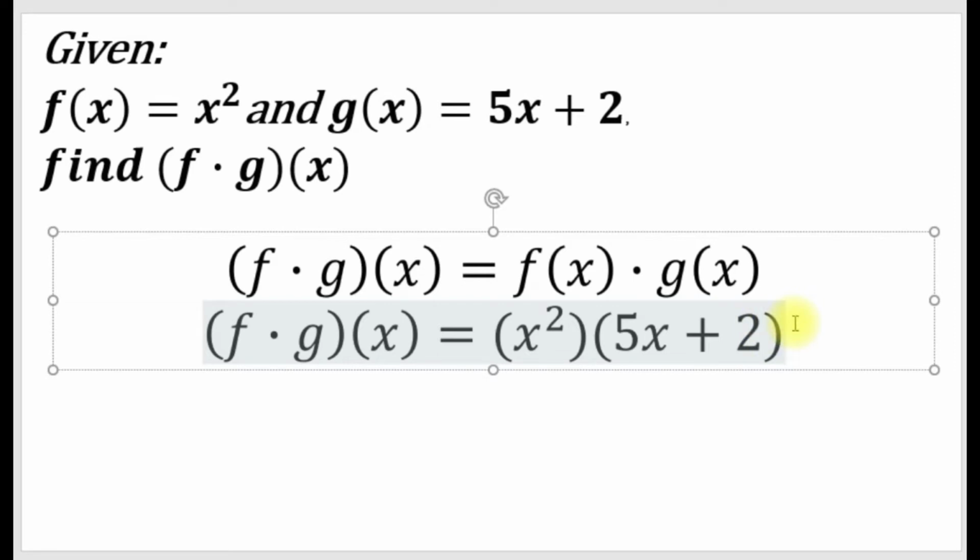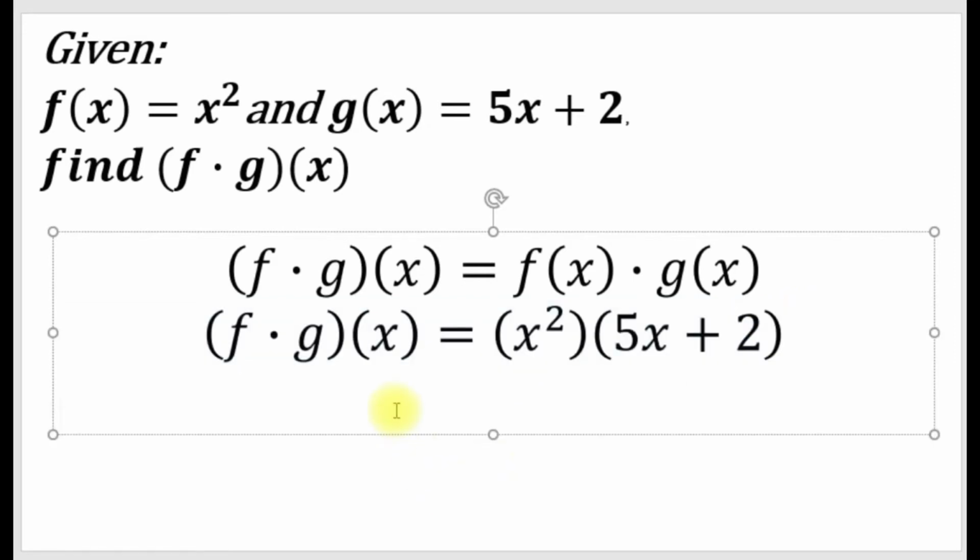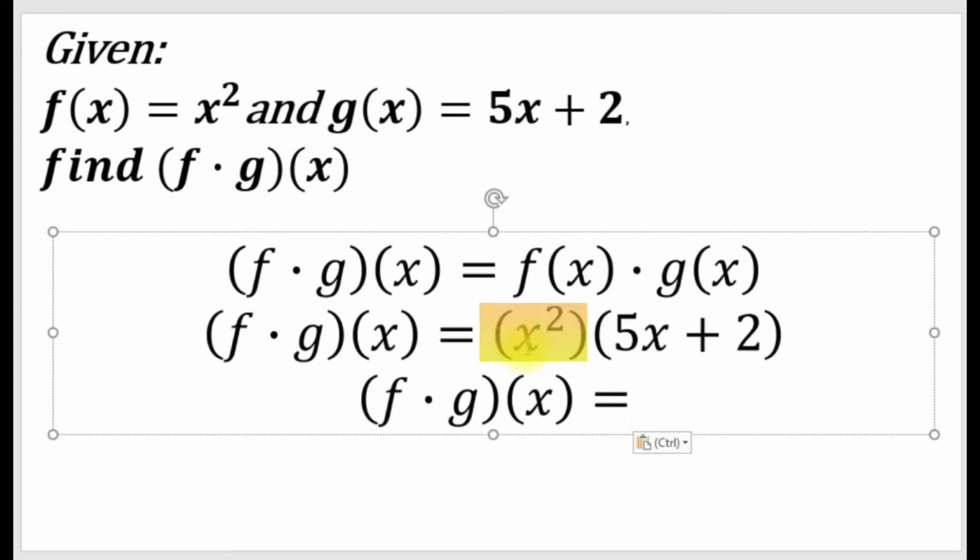Okay, that's our second step. Our third step is we're going to apply distributive property of multiplication.